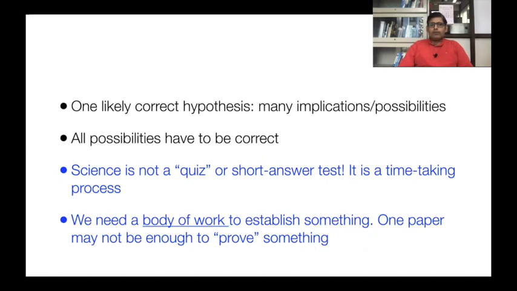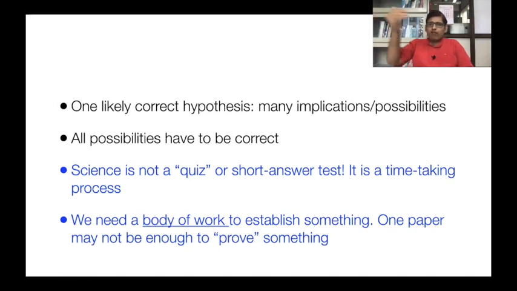Now, you have one likely correct hypothesis. But that will have many implications and lead to many possibilities. For example, there is the famous Michelson-Morley experiment that experimentally showed that the speed of light is a constant, and that had many implications.